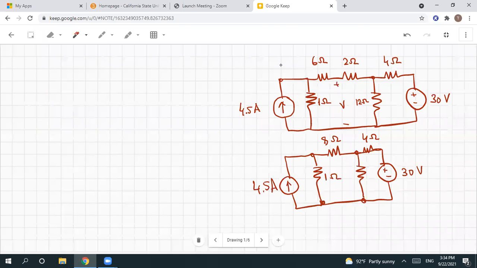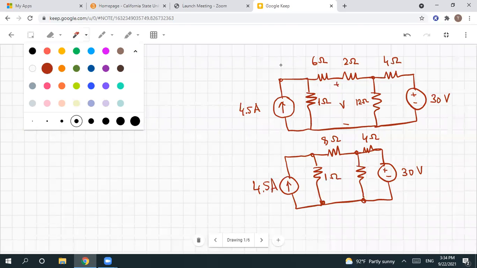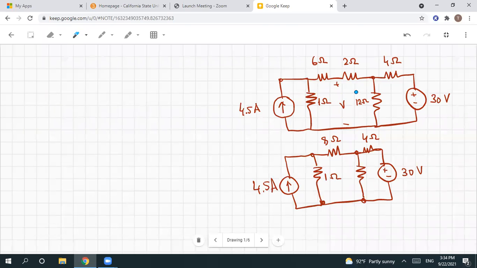Yes. Okay, so now we need to select the reference. As it was discussed before, if you have a voltage source, it is better to select its negative terminal as a reference.